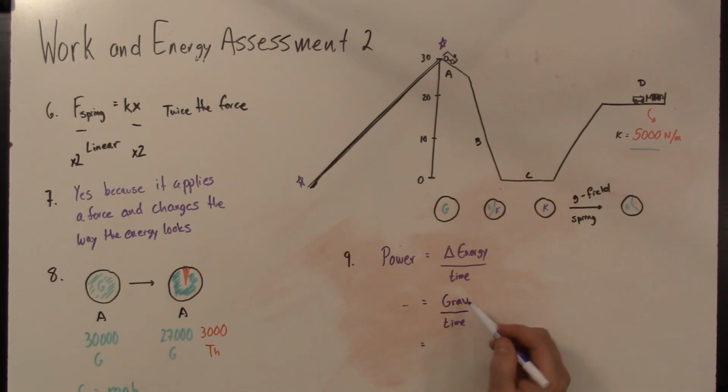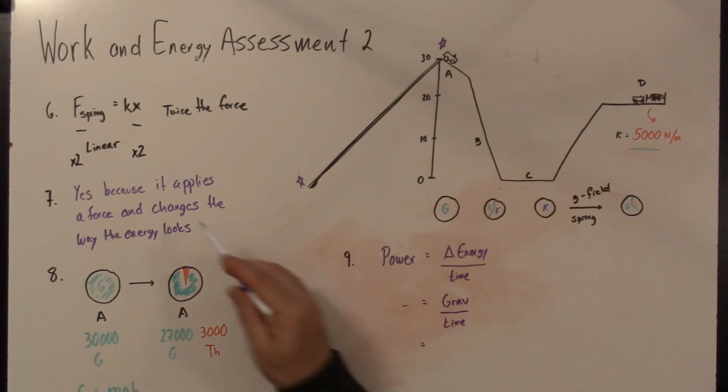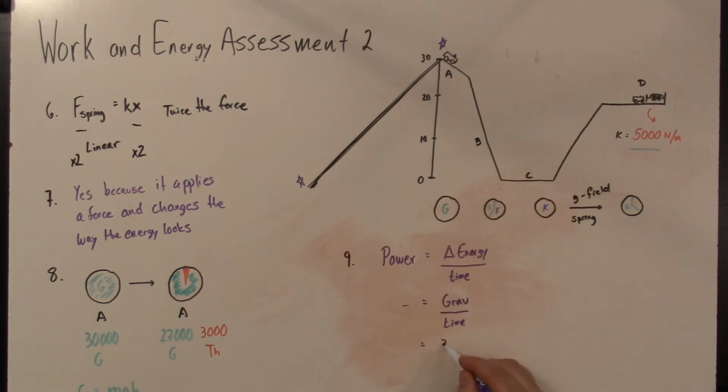And now I think we know how much gravitational energy is there, right? Isn't it the 30,000? And how much time? It says it's 1 minute, but we have to work in seconds, so that's 60 seconds. And so the power is equal to 500. That's joules per second, and that's watts. All right, there's Working Energy Assessment 2.